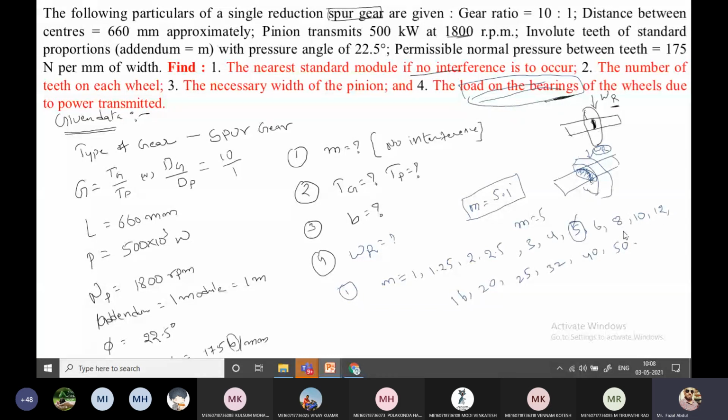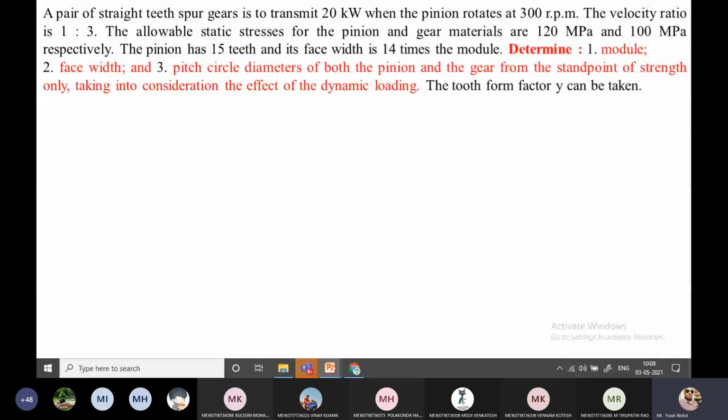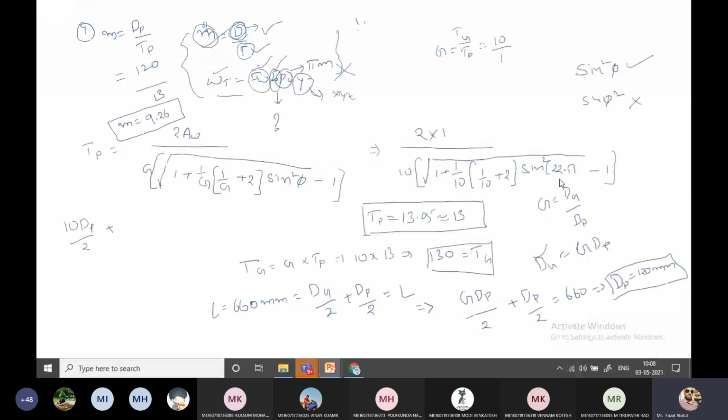There is no 9.2, so I am taking the nearest value. 8 I am taking. 10 also we can take, but because you people make some small errors while calculating, I am taking 8 as the nearest module. So this is the module.